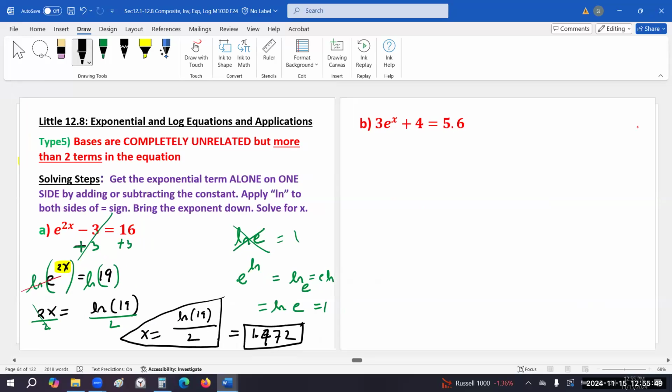Okay, you try one. And remember, we have to apply log only when our exponential term is alone. Let me write this down.